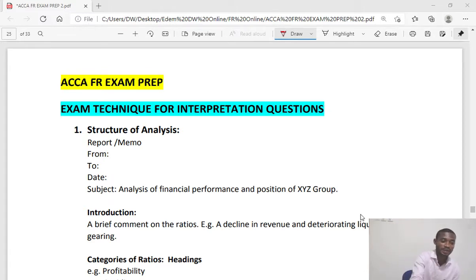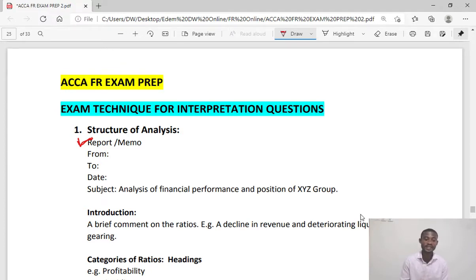For instance, the heading is a report, from you, the accountant, to, and sometimes it can be to the directors of the entity, or maybe you are making this report to the shareholders, or in a capacity as a consultant to management.